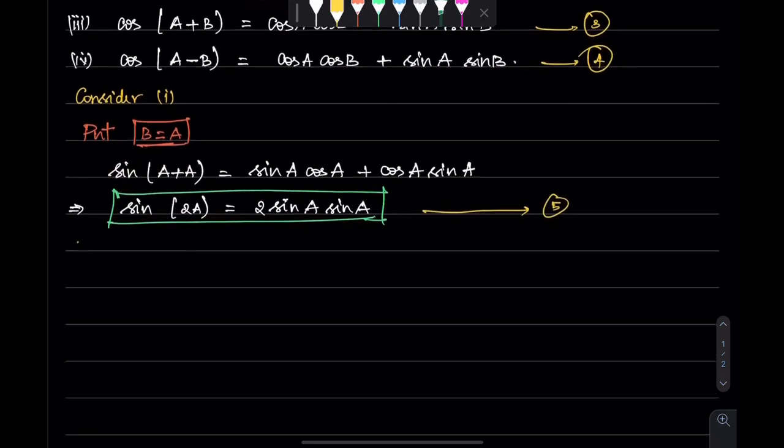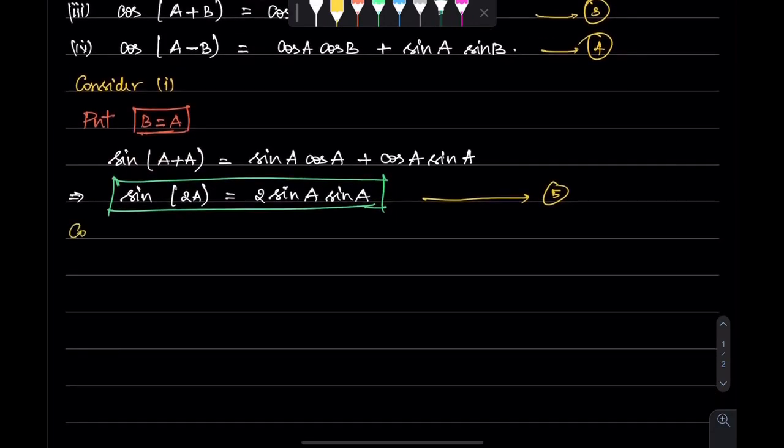Consider the third one. Again, you put b is equal to a here. So what do we get, children?